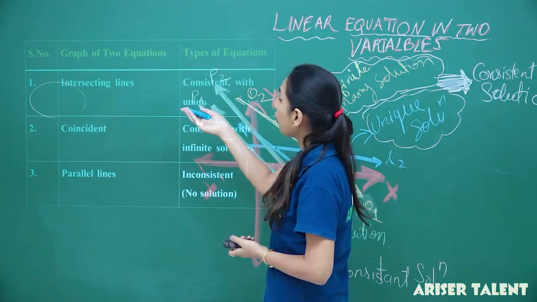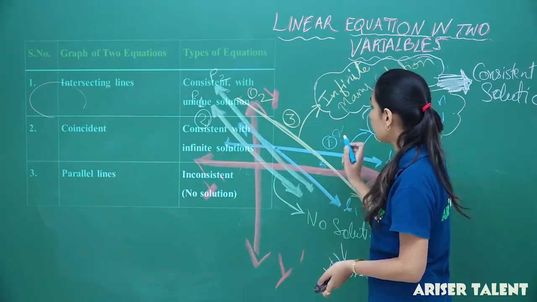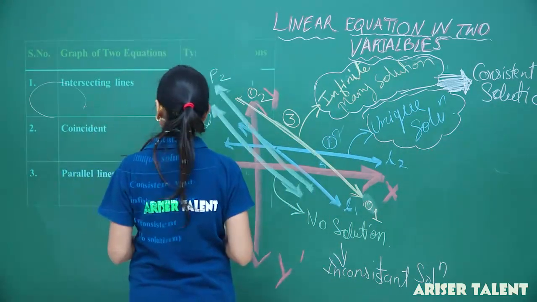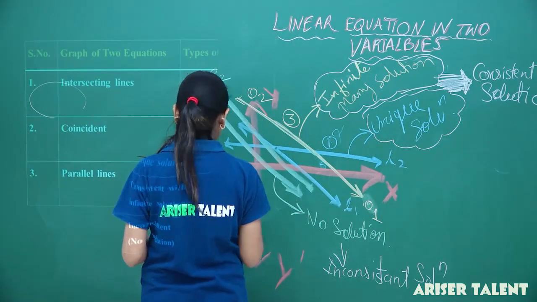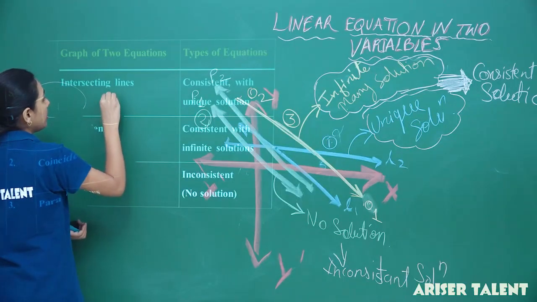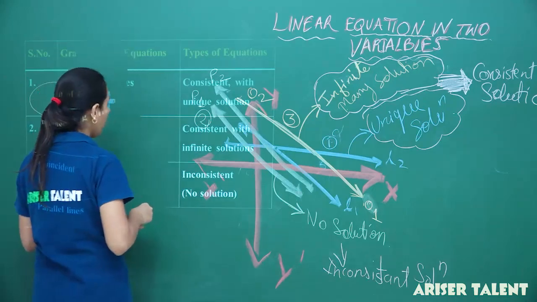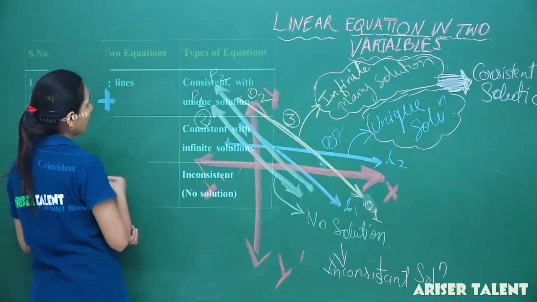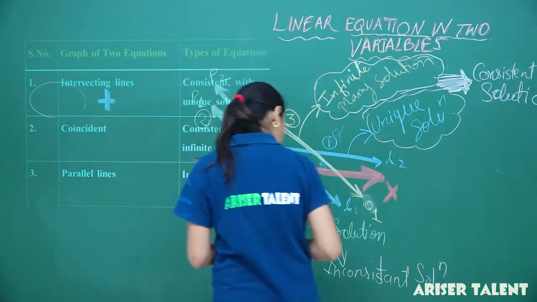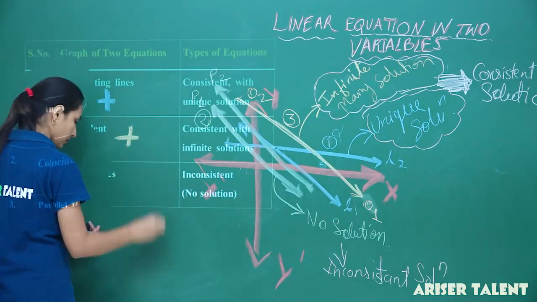Now if we talk about the graph of two equations, type of equation, intersecting lines, this first type, I can write here with the color of chalk, like in intersecting lines. So I am writing with this particular chalk. And if I talk about coincident, that is my yellow color, here.